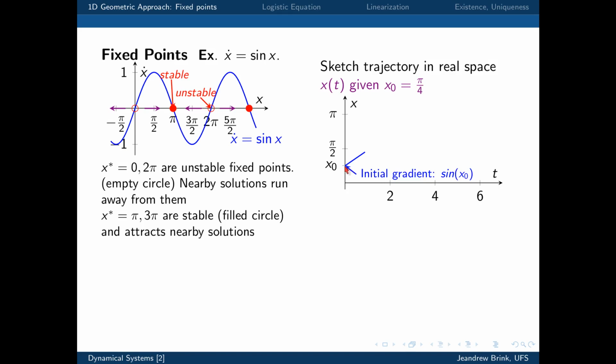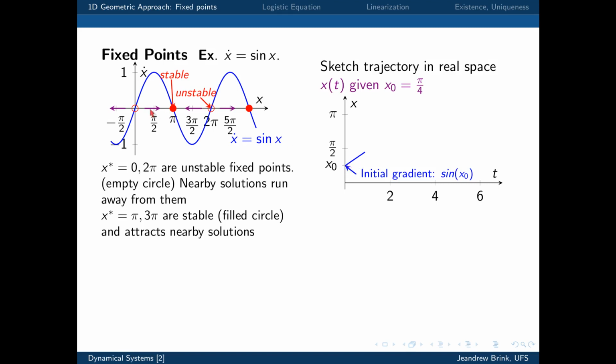We can evaluate sine of x0 to get what the initial gradient is, and we simply put in a line with that initial gradient. So we know that the graph leaves this point x0 tangent to that line.